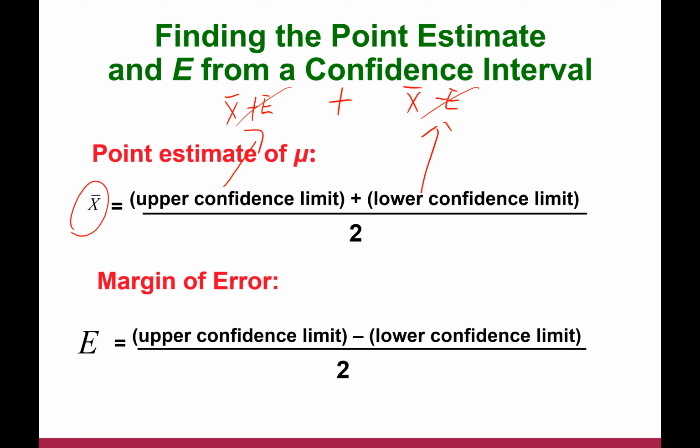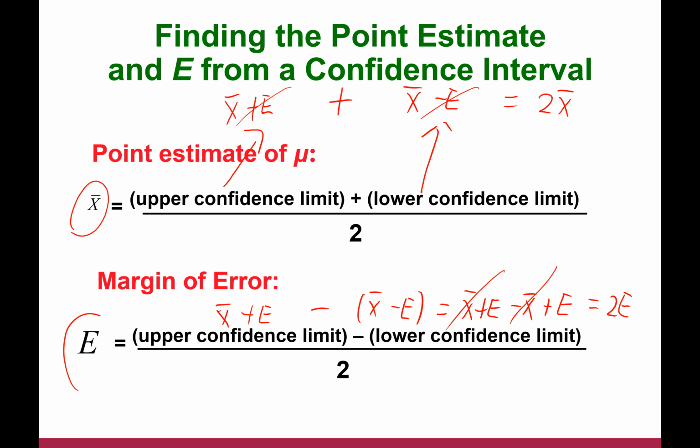Then the upper limit, sample mean plus margin error, minus the lower limit, sample mean minus margin error. If you expand it, you get sample mean plus margin error minus sample mean plus margin error. Again, we cancel the sample mean, and we get twice the margin error on top.